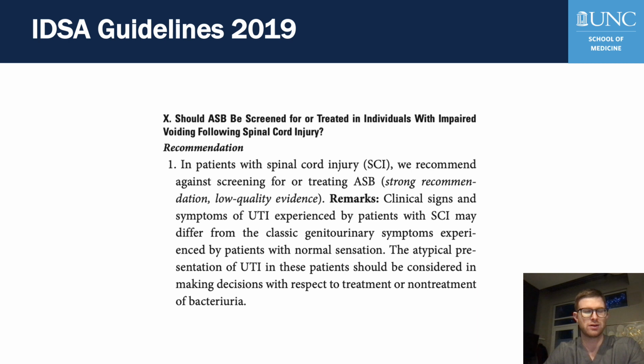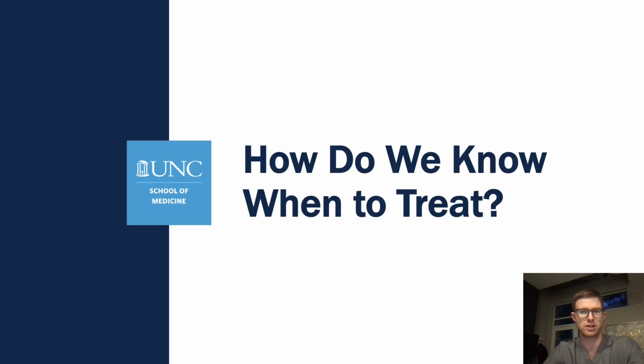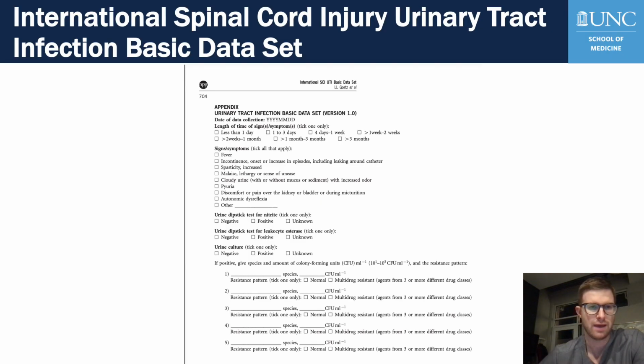But what this really led me to consider is, how do we even know when to treat these patients? I looked further into the IDSA guidelines, and they have very specific signs and symptoms that they define as possibly indicative of a urinary tract infection in patients with a spinal cord injury.